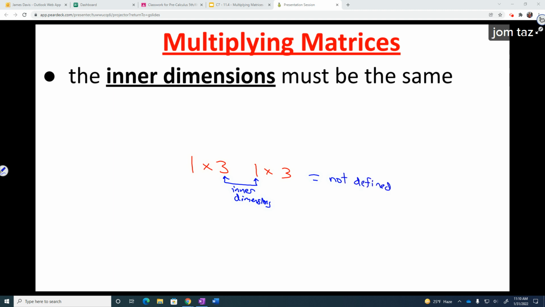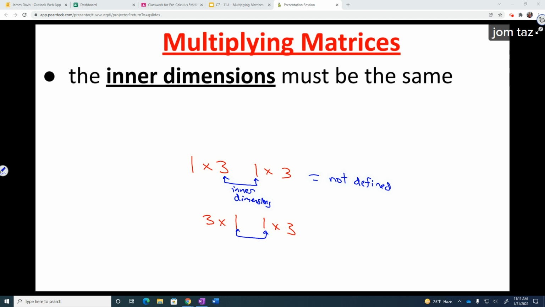We're going to practice this a lot, so don't worry if you don't get this example written down. Now if they are the same, let's change this up. Instead of a 1x3 and a 1x3, what if I did a 3x1 and a 1x3? If you look at the two middle numbers, these are your inner dimensions, they're the same, so we can actually do this.